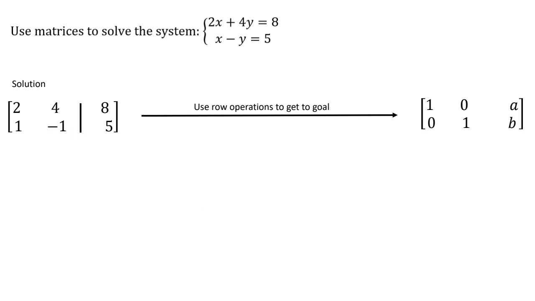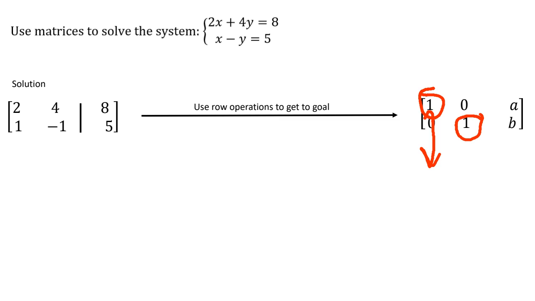I always recommend to my students to always start with this number here, and always try to make that a 1. That's where you should have your starting point. Once you have a 1 there, then you make anything below it a 0. And then once you have zeros below it, you go to this one here and make that a 1.